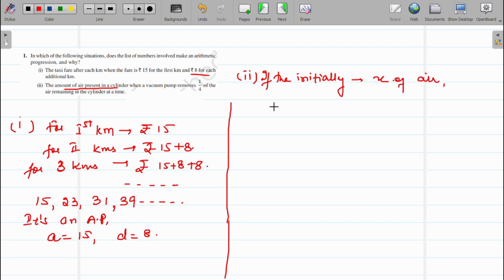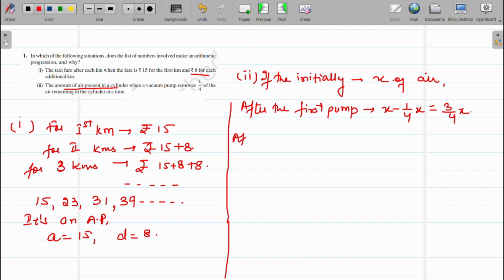Then after the first pump, you have a vacuum pump, right? So after the first pump, we will have X minus 1/4 of X, because 1/4 of X will be gone. So X minus 1/4, we will have 3/4 X of air remaining here.